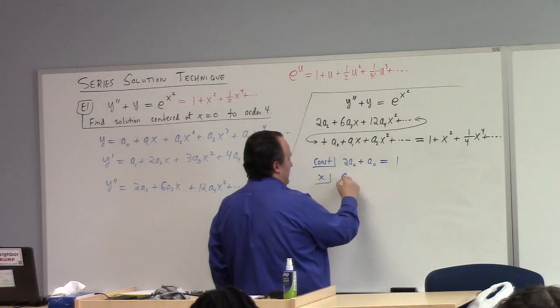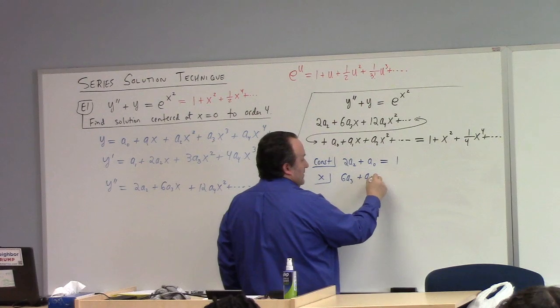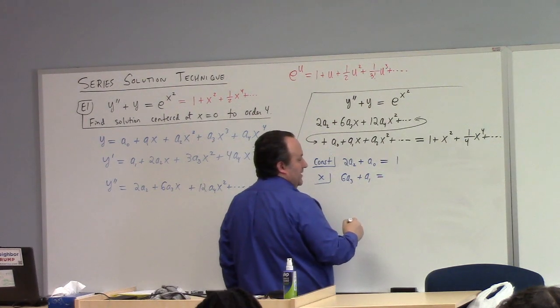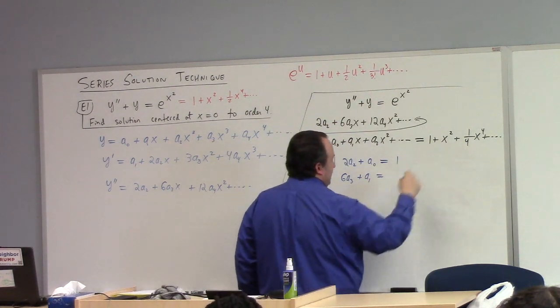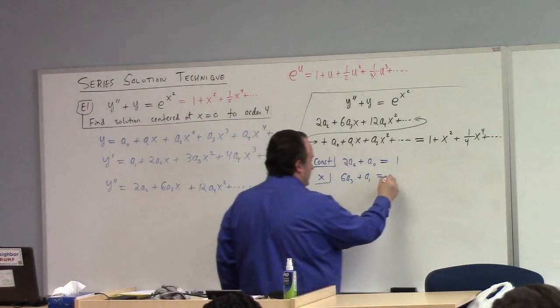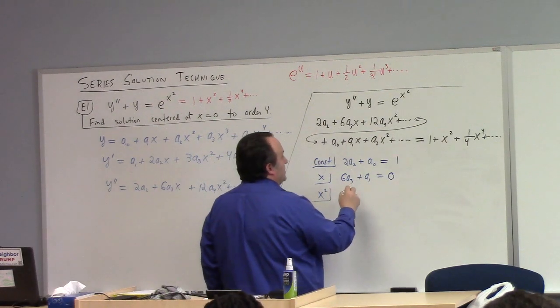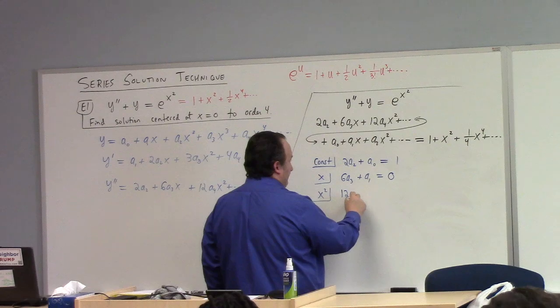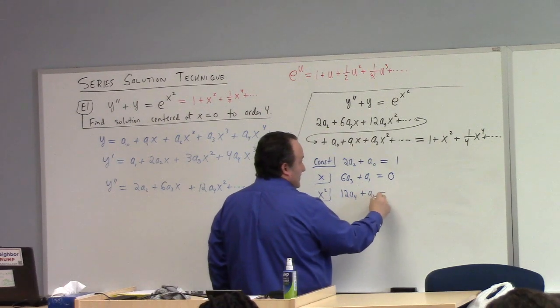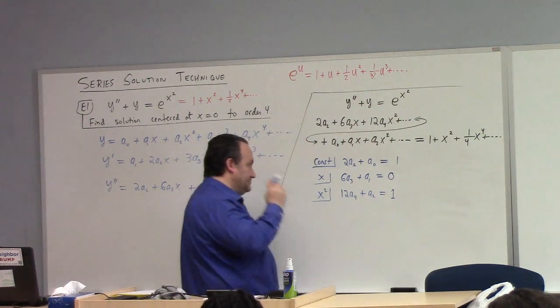We got ourselves a 6a3 plus a1 equal to, what's my coefficient of x over here? 0, yay. All right, how about x squared? What do we got from that? Looks like we got a 12a4 plus a2 is equal to 1. All right?